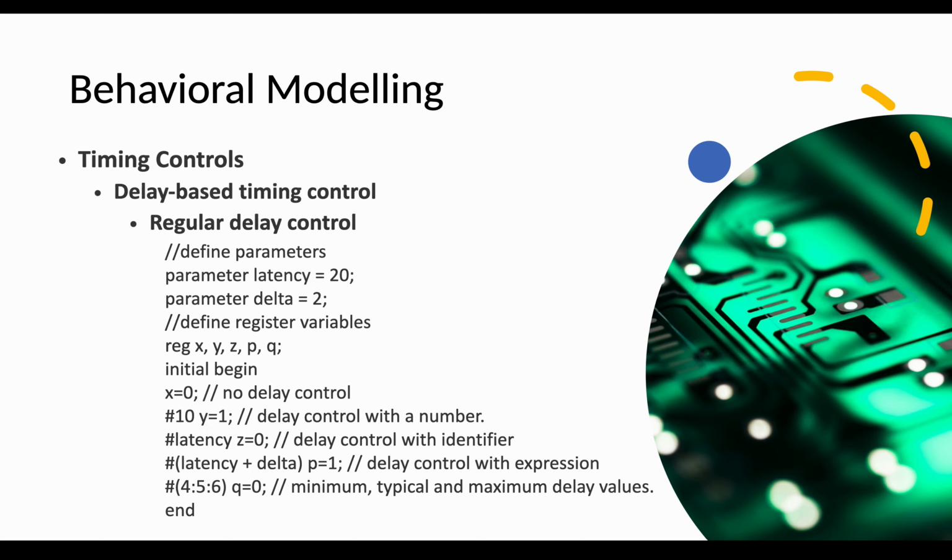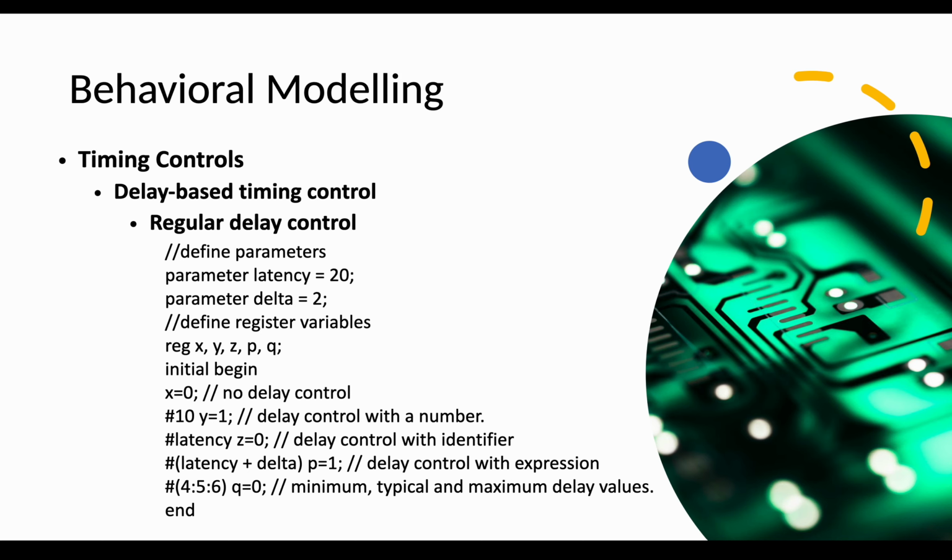Here is an example. I have defined 2 parameters, latency and delta. Latency has value 20, delta has a value of 2. I have defined 5 registers X, Y, Z, P, Q. Initial begin, I am defining X equal to 0, which has no delay. #10 Y is equal to 1.